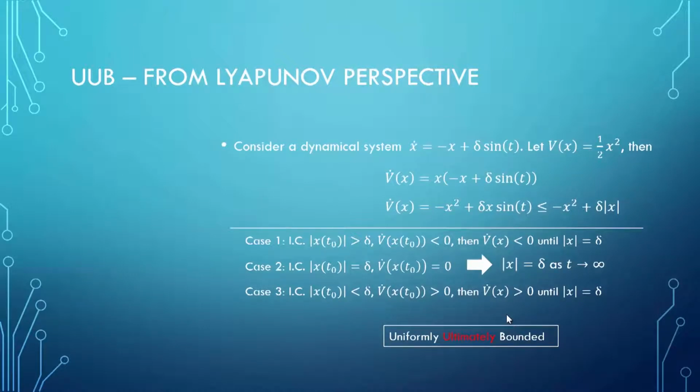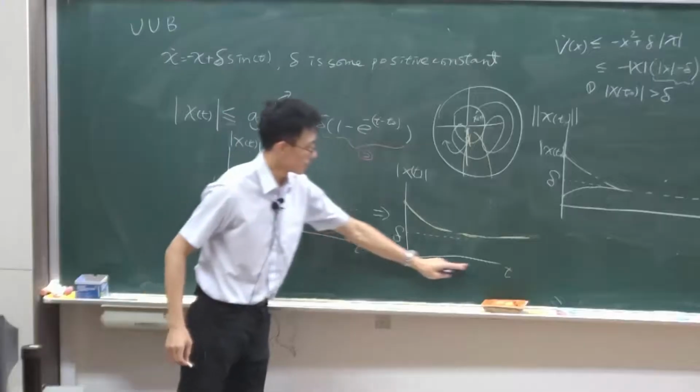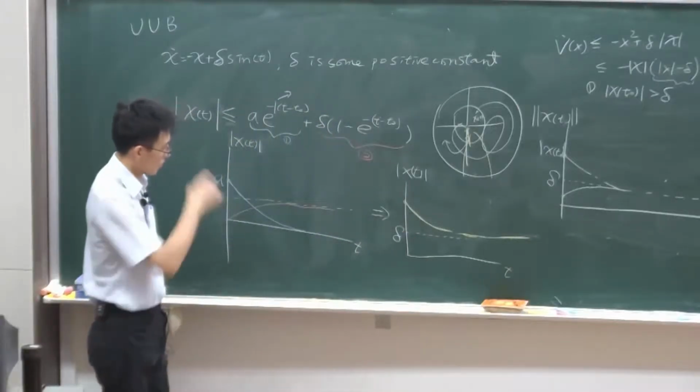But if you have another term, usually caused by disturbance or some unknown unmodeled dynamics, then you will have this term that results in the system trajectory being UUB. In other words, it prevents the system from converging asymptotically because of disturbance and unmodeled dynamics. Here I missed the t, this axis is the t-axis, time.